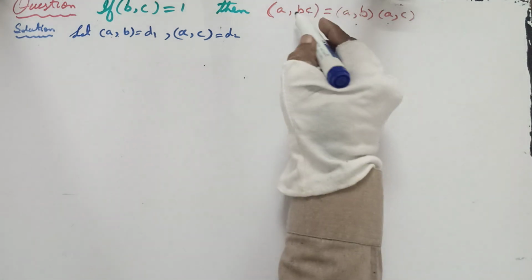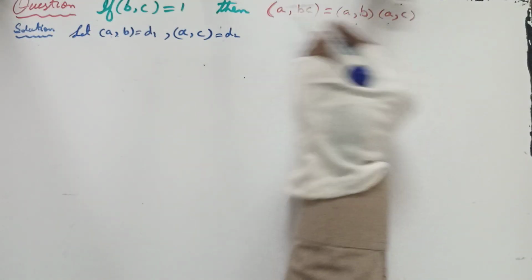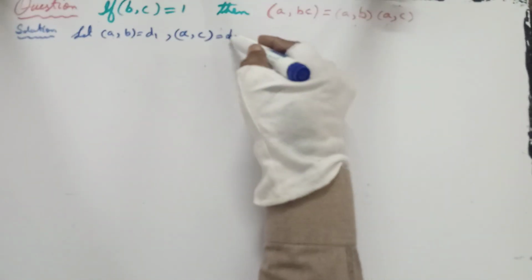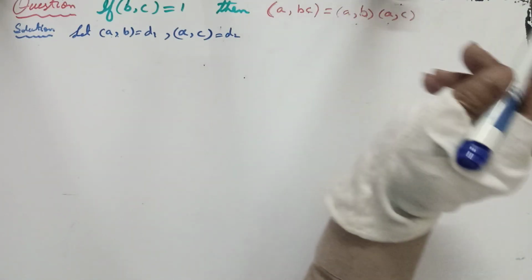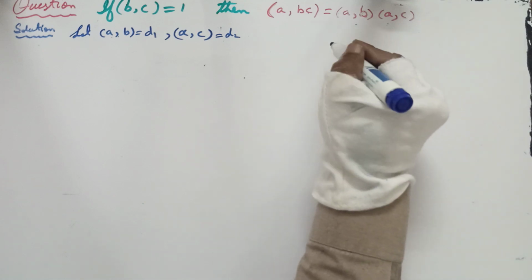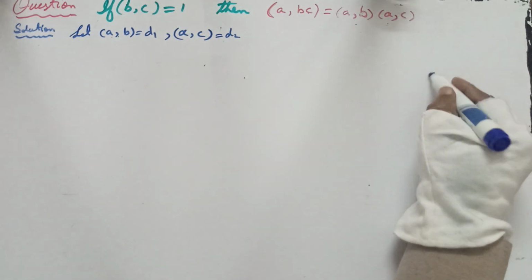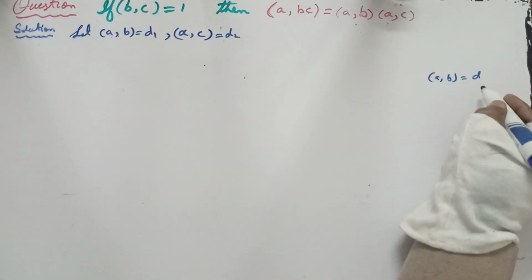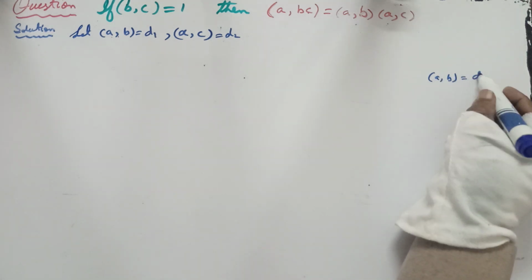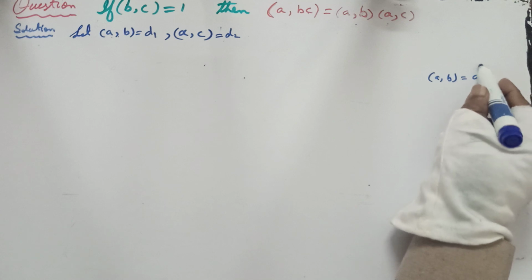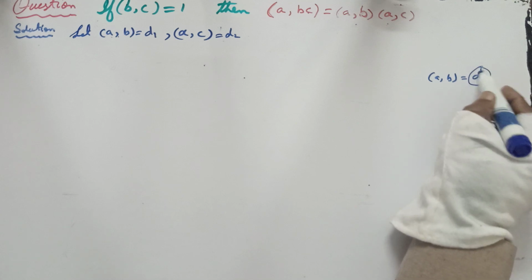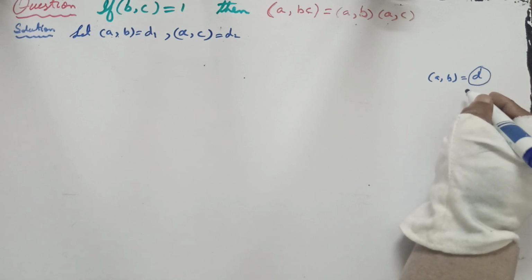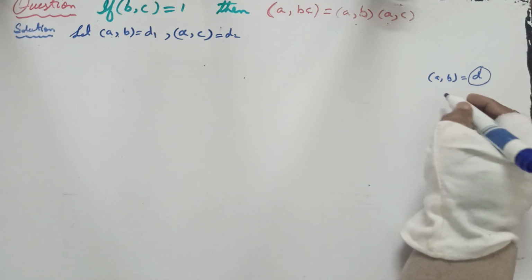For this, we suppose that the GCD of A and B is D1, and the GCD of A and C is D2. If A and B have GCD D, it satisfies 3 conditions. What are the 3 conditions?